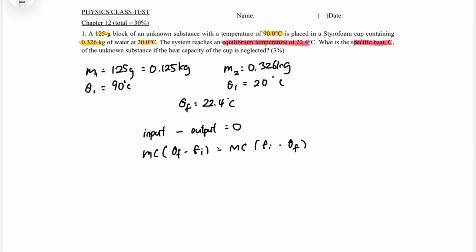I didn't write the negative because I just took it away. It should be final minus initial, but I changed it around so you can understand. You can write it down more simply.